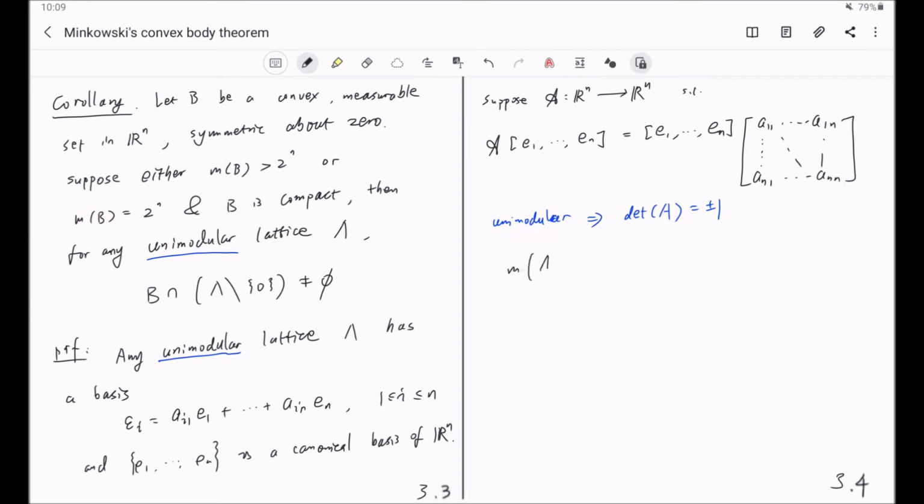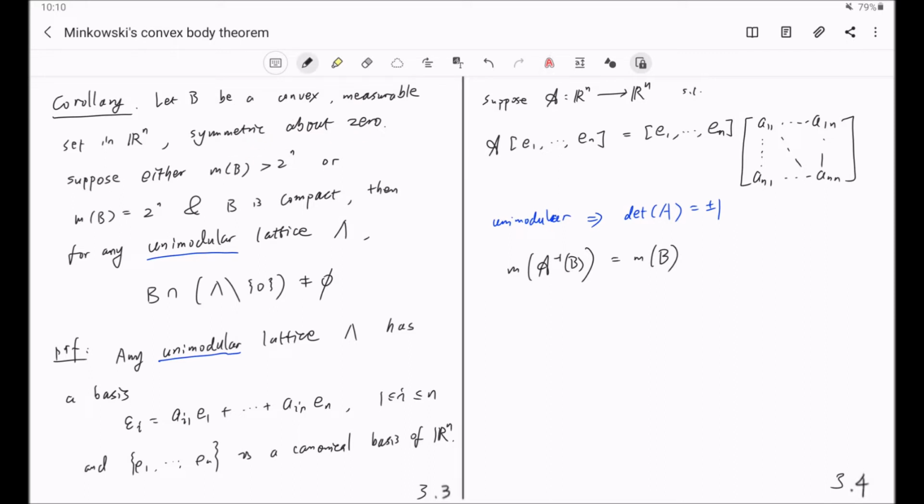So the Lebesgue measure of script A inverse of B is equal to the measure of B, where B is just this convex measurable subset that is symmetric about 0.